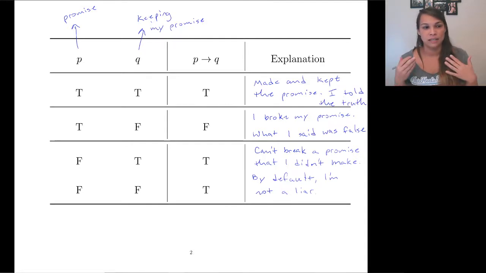If you did the little practice assignment, I said, I have a kid, all kids are blonde. Can I conclude my kid is blonde? Yes, I may conclude my kid is blonde. That is a true statement based off that information.